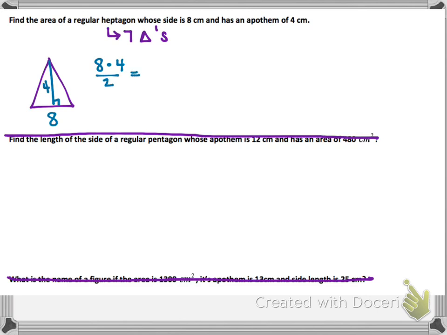So 8 times 4 divided by 2 is going to give me 16. That is the area of one triangle, so I'll multiply it by however many triangles I have. I have 7 triangles, so I will end up with 112 centimeters squared.